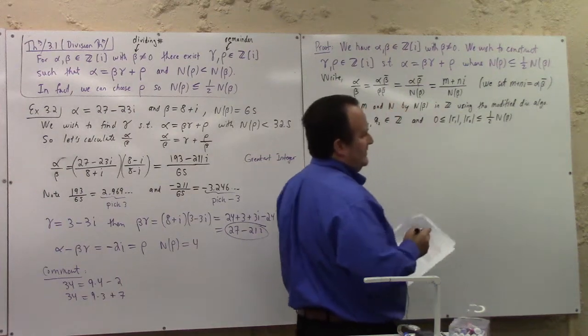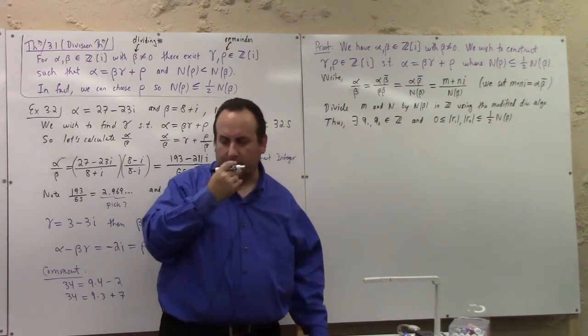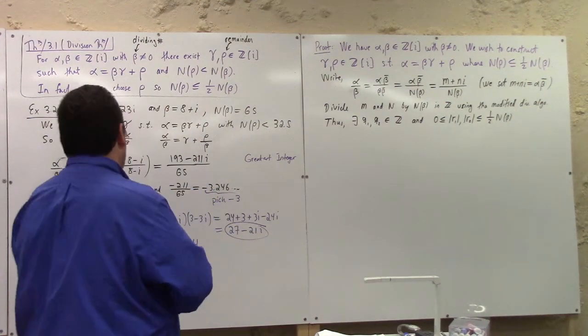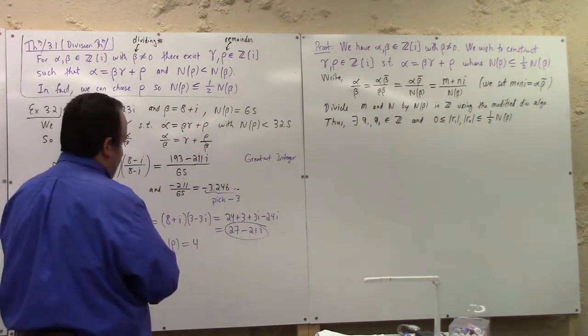Do you understand that? Do you understand why it's 1/2 the norm of beta? From that thing previously? It's talking about the modified algorithm.